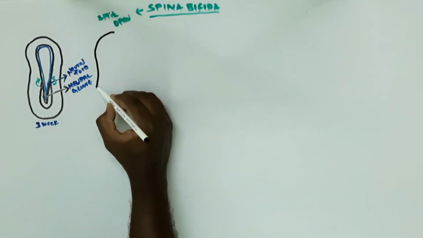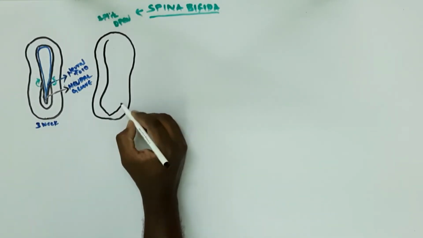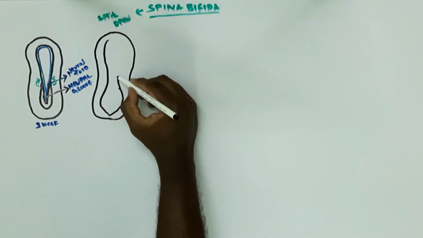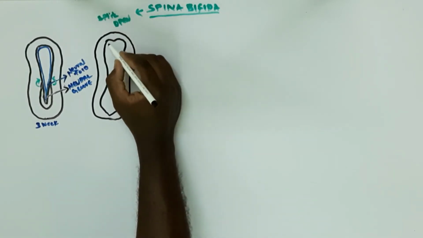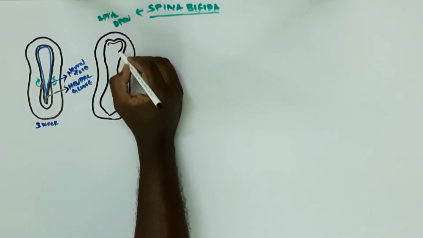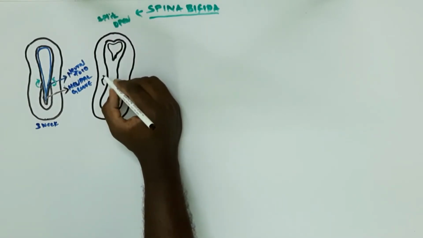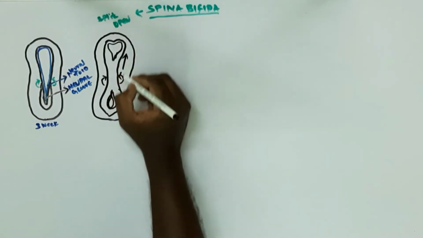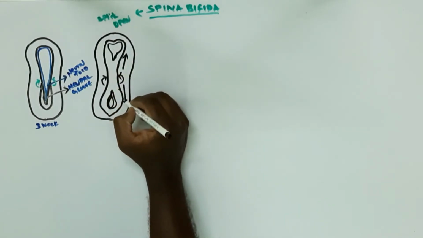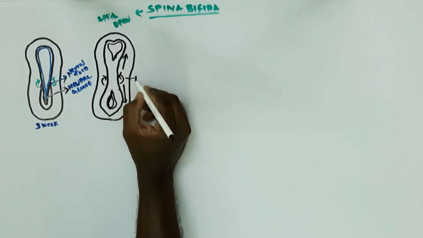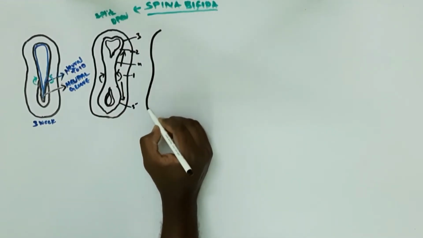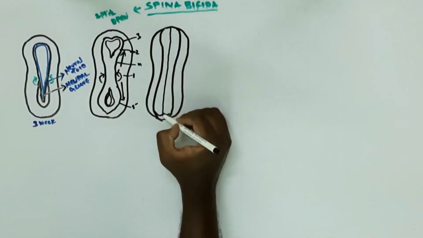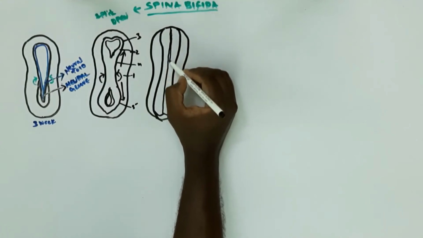Now we will see the next stage, the 4th week, how the embryonic neural tube starts forming. Now with all the neural folds, I'm showing you with arrow marks. In this way it will start forming from down to up, upward and from center to downward. In this way it has to fuse together to form a proper brain and spine.